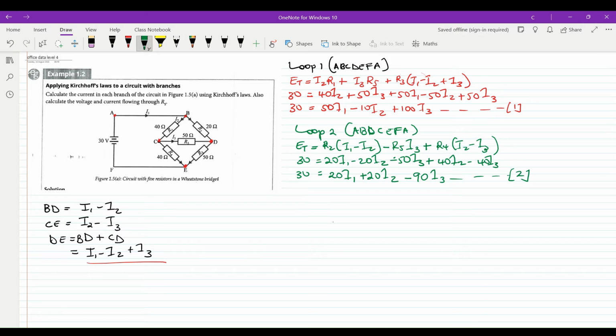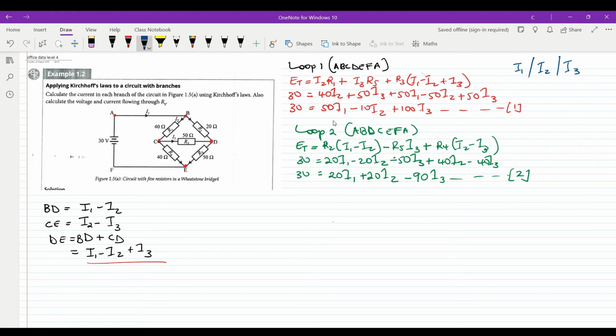I hope you're following, folks, because this will build up to something that will be amazing, and it will also assist you during the examination. Now, the tricky part about the third equation is that you must only remain with 2 variables. When I speak of variables, I'm talking about I1, I2, I3.